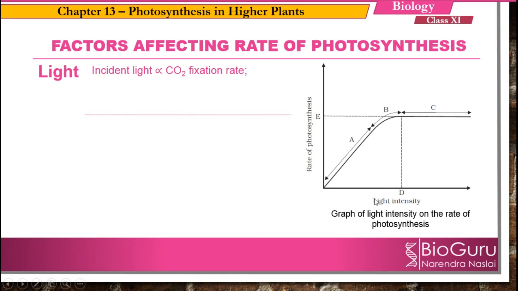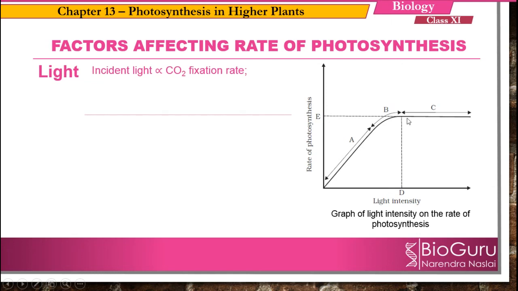Along the x-axis is light intensity, along the y-axis is rate of photosynthesis. As we go on increasing the intensity of the light, the rate of photosynthesis is also increasing, right? The point will come where the photosynthesis is maximum.